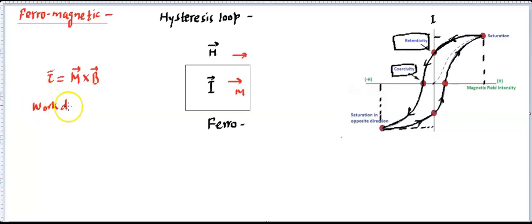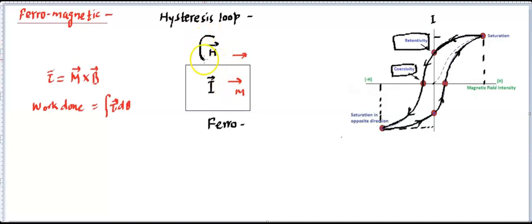So work done is going to be equal to, or written as, tau d theta. Now, since there is work done, that means from somewhere energy has to be given for the purpose of changing the orientation of magnetic dipoles. So that means these ferromagnetic materials consume energy. They need energy in order to change the magnetic dipole moment's direction.